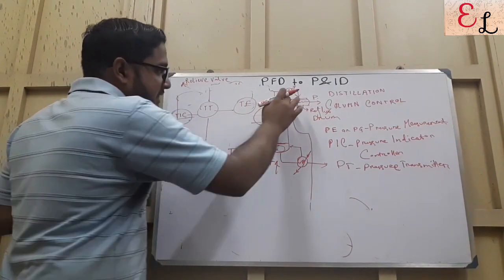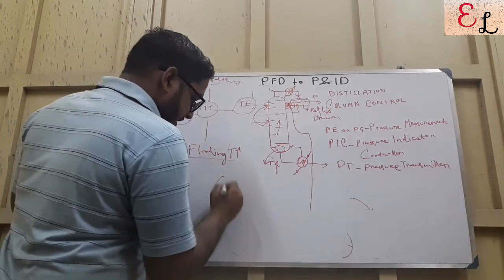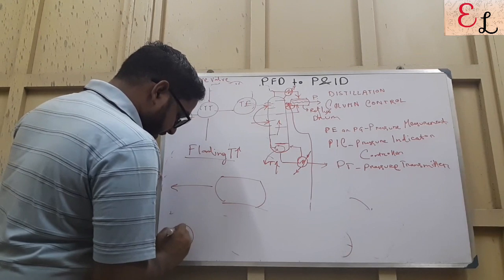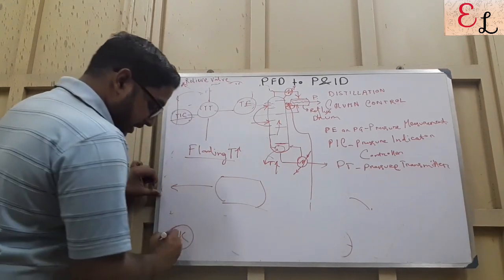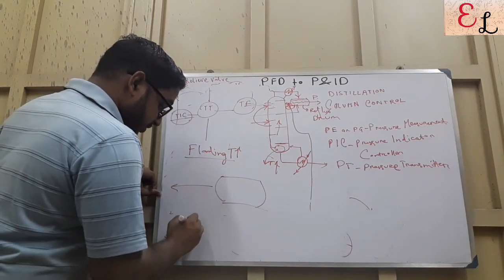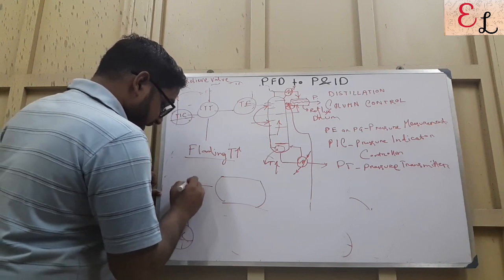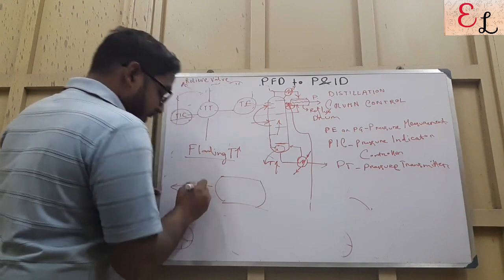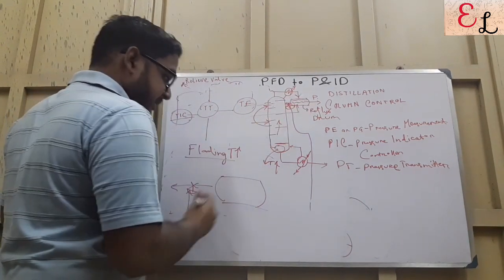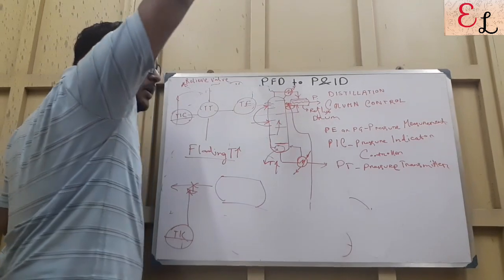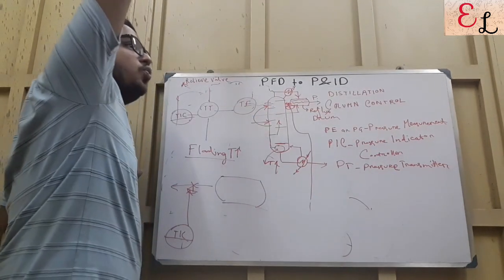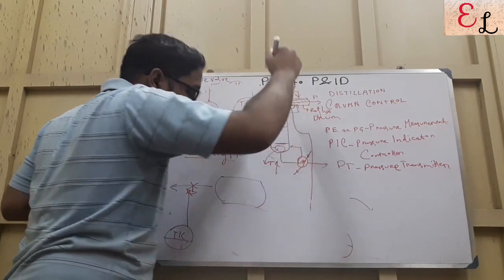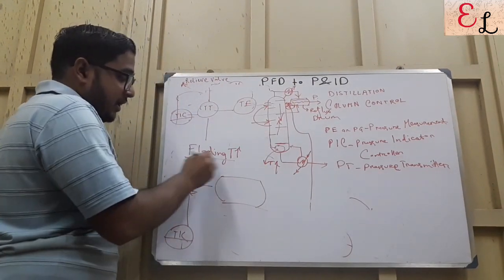If this is my reflux drum and this is my reflux, and my TIC is here, the indicator controller says that the temperature is shooting up, and if I keep the controlling element here, it's basically opening up the reflux. So if the reflux increases, the liquid is pushed through the column to fall, increasing the flow of liquid, and the flooding is stopped.